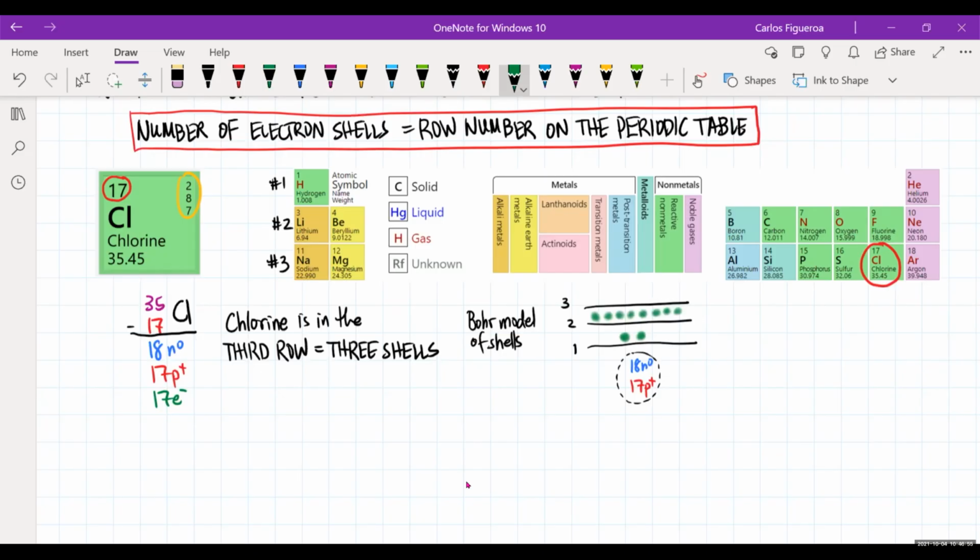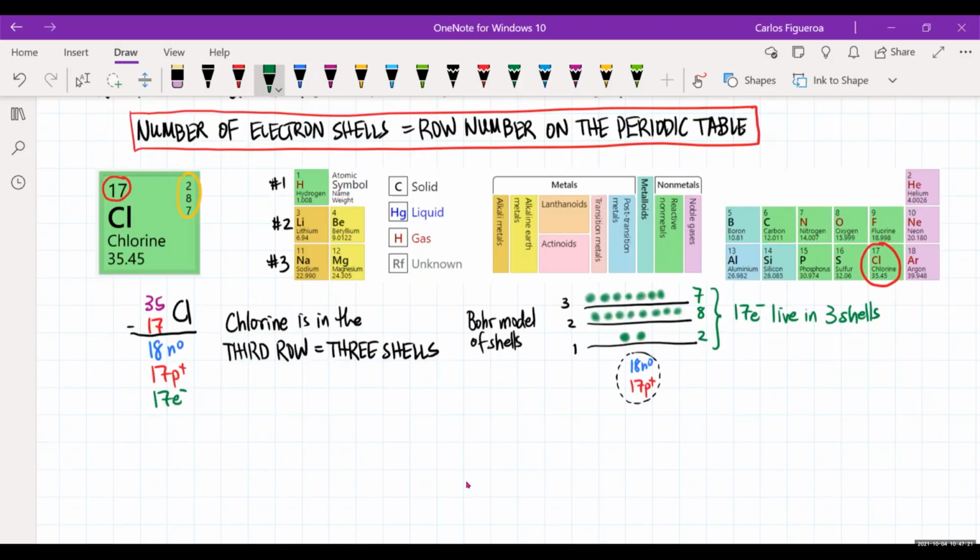And then on the third shell, it has 7. So then I go 1, 2, 3, 4, 5, 6, 7. So if I come in here, this will be 2, 8, 7. In other words, we see that 17 electrons live in 3 shells.